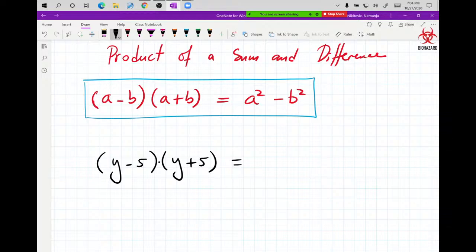Now look, when you have this form, so y is the same as y, 5 is the same as 5, this immediately tells you that A from the formula is y and B is 5. So you can just write the answer immediately. A squared, that's y squared, minus, and B is 5. 5 squared is 25.